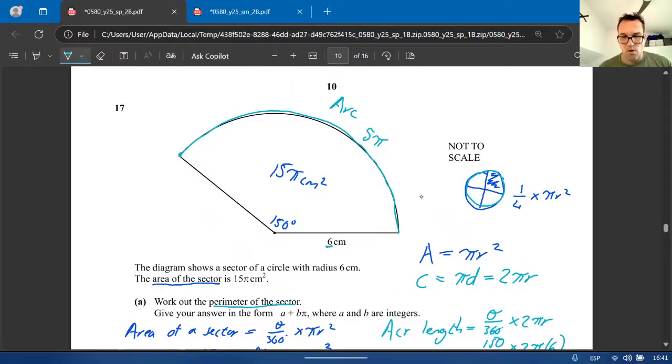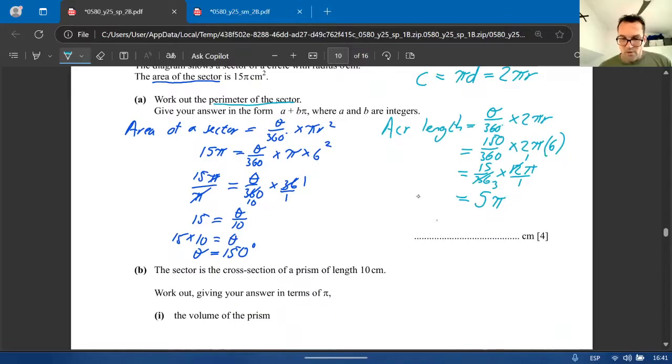But remember, we've only walked up to this corner here. The ant needs to get back to where he started, which is over there. So he needs to walk on a straight line another 6 centimeters, and then down this line, which is just another radius, which will also be 6. So to that 5 pi, we need to add 6 twice, which is 12, and that is the perimeter of the shape.